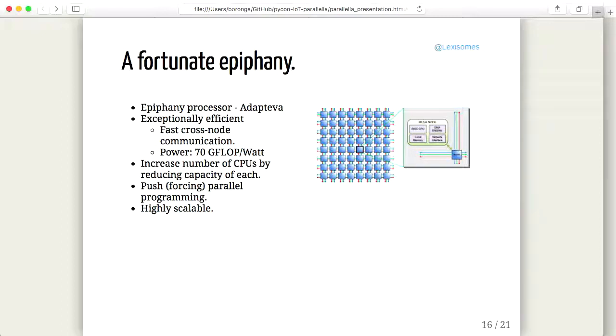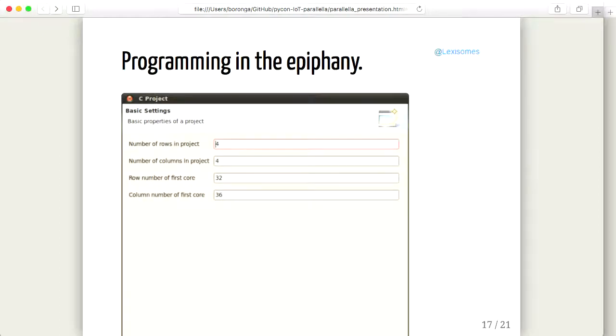So programming in the Epiphany is a bit different. It's very similar to C. It's Eclipse-based; they provide a library that's Eclipse-based, you could say.